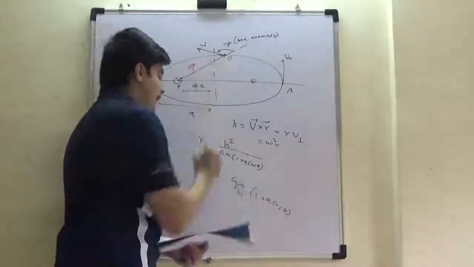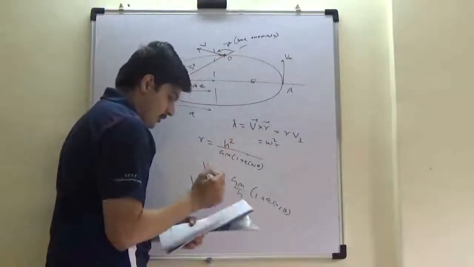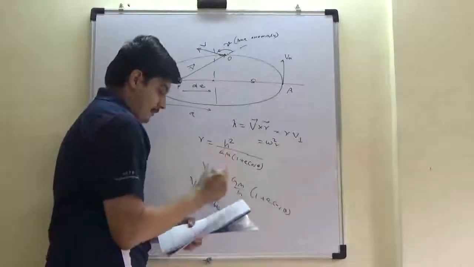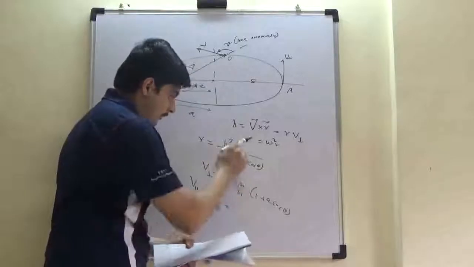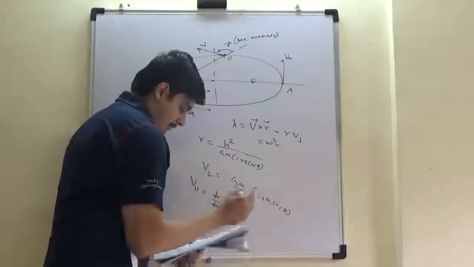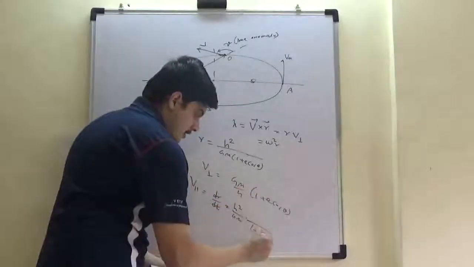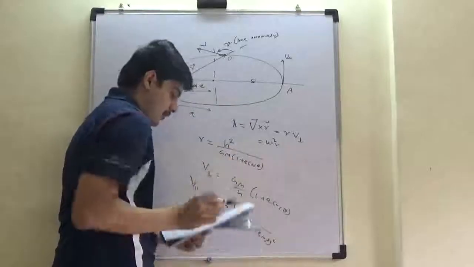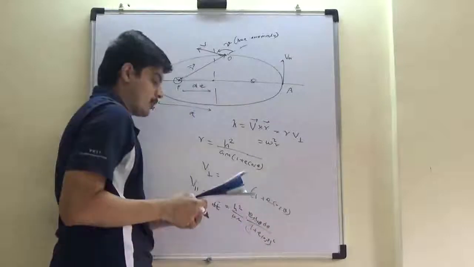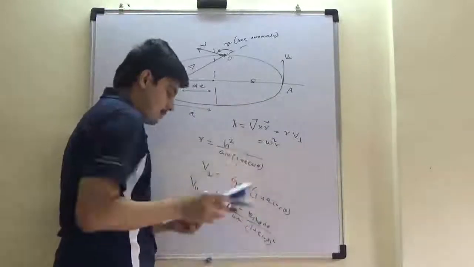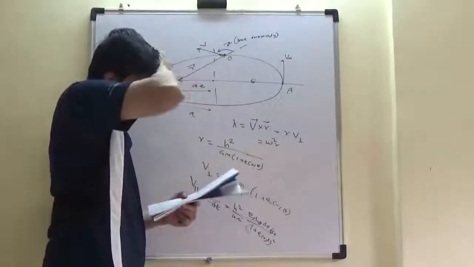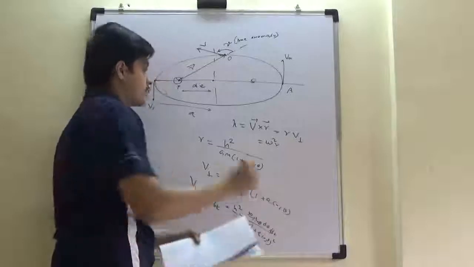Now the velocity parallel to the radius direction would be dr by dt, right? Which is d by dt of this h square upon gm, so h square upon gm 1 plus e cos theta whole square, right? This will be e sin theta d theta, because derivative of cos theta is minus, so minus minus becomes plus. So d theta by dt, right? But what is d theta by dt? It is omega r square.